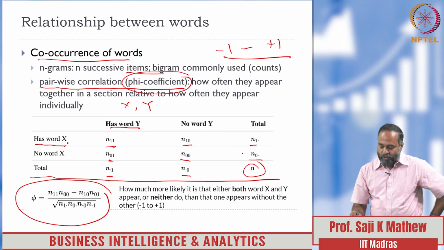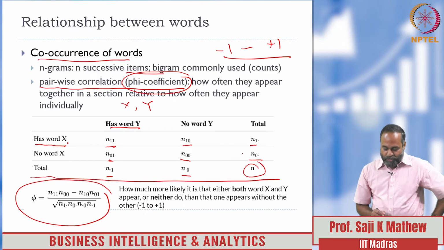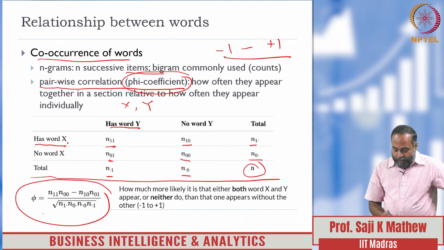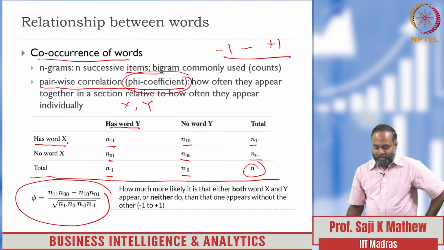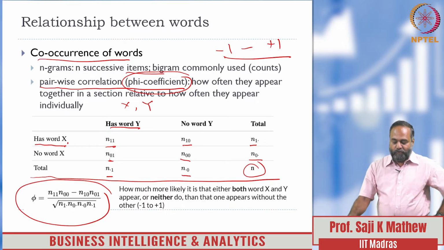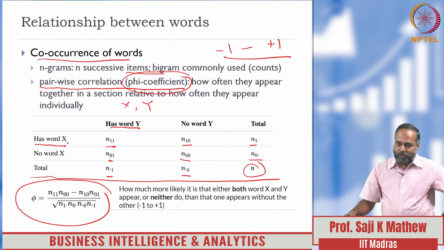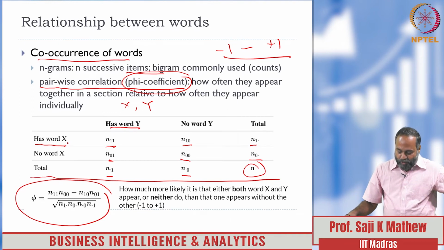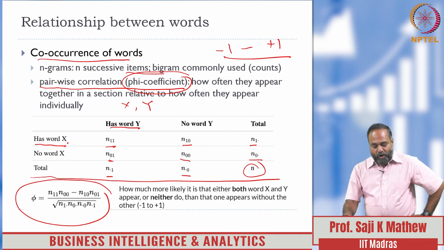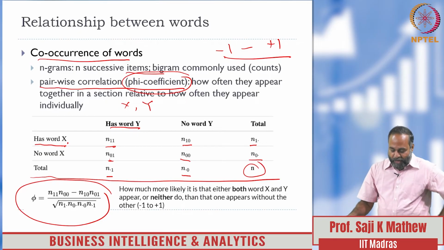Now, n is the total count of words or terms. Phi coefficient is given by n11 into n00 minus n10 into n01, divided by the square root of n1 dot into n0 dot into n dot 0 into n dot 1.